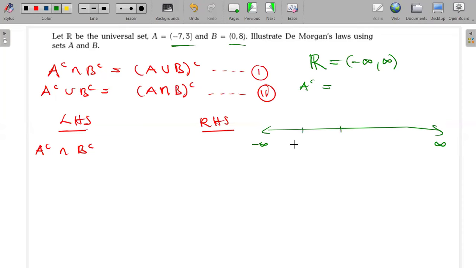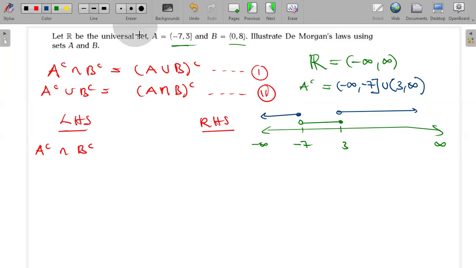Your A is going to be negative 7 and then 3, open and then closed. So your complement goes this way, closed at negative 7, and open at 3 and goes that way. In short, this is negative infinity to negative 7, closed, union, open at 3 all the way to positive infinity. So that is what your A complement is going to be.